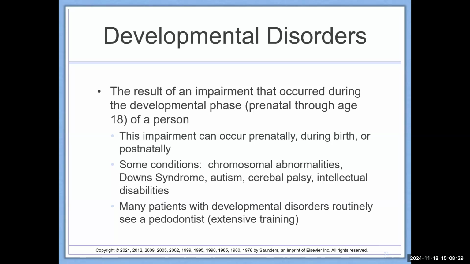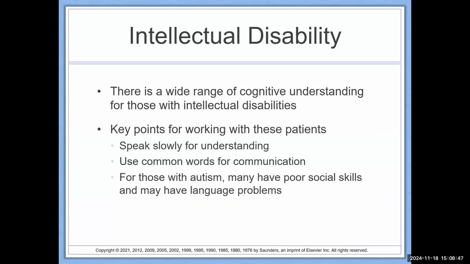I think that you have an extra chromosome in that one. You have autism, cerebral palsy, and intellectual disabilities. So many patients with developmental disorders routinely see a pedodontist because they have extensive training, especially for patients that need extensive work.